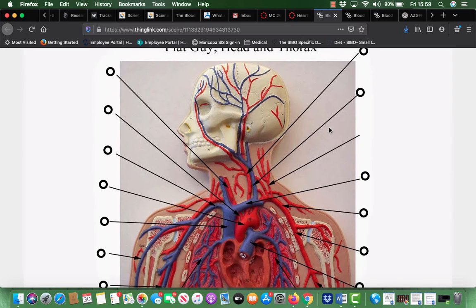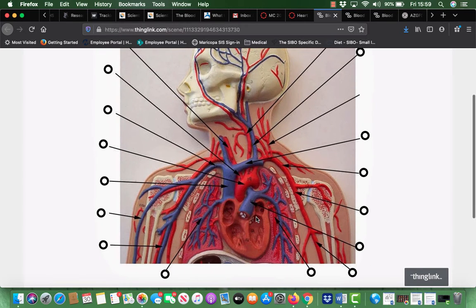And then into the capillary beds, that will release the oxygen into the tissues. And then all of those veins, again except for the lungs, that are going to carry the deoxygenated blood back to the heart, back to the right atrium. So that's the systemic circulation.